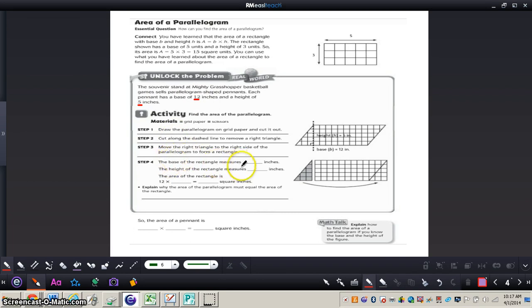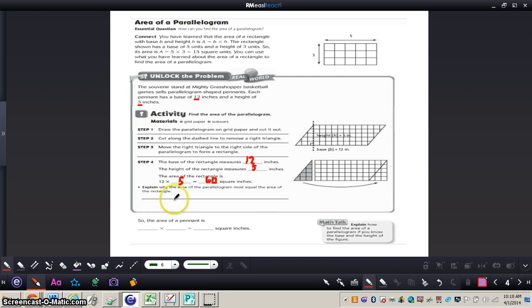So let's take a look at step 4. It says the base of the rectangle, we can see here, is 12 inches. Now we can also see the height of the rectangle measures 5 inches. So the area of the rectangle is 12, which is the base, times the height, which is 5, giving us 60 square inches.